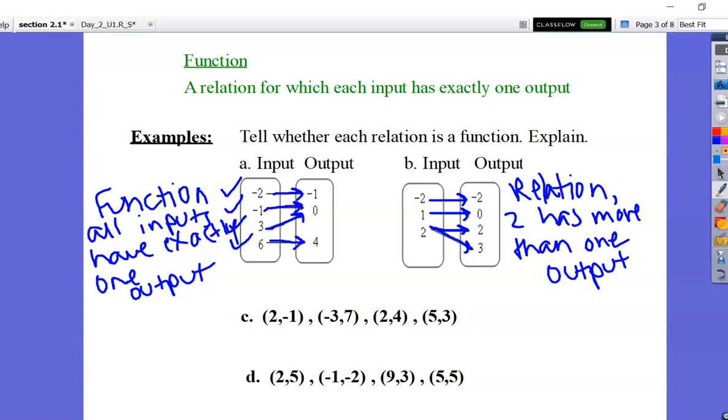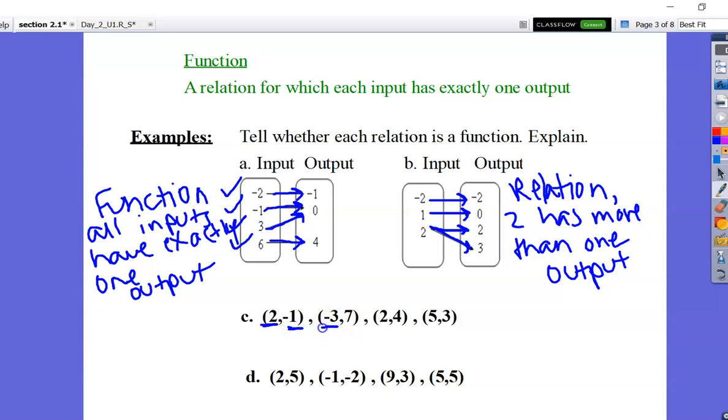And then if you're given a set of ordered pairs, number 1, you can just plot the points and check and see if any of your x values show up with more than 1 point. Another way you can check, I can see the number 2 maps to or pairs with -1.